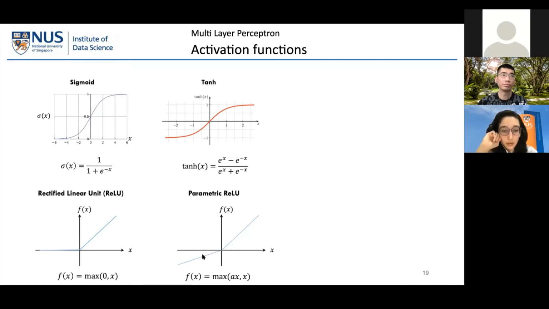So here, instead of putting everything negative to 0, you can put some negative value. It's like a parameter you can change. A few years ago, rectified linear unit was super popular for neural network training.